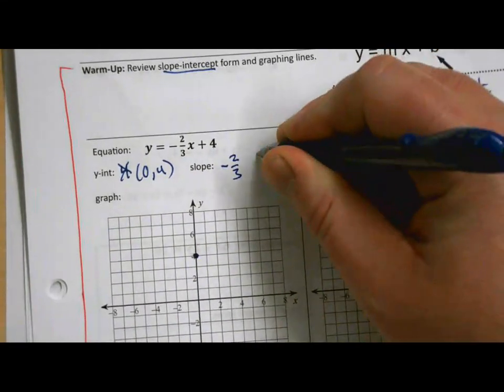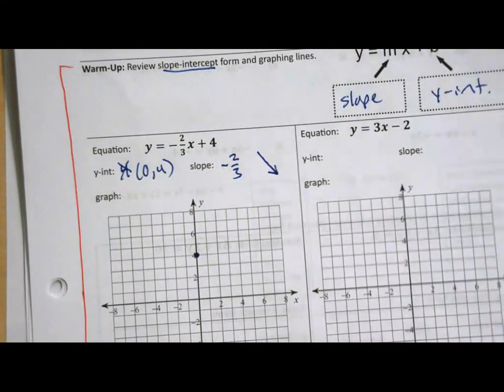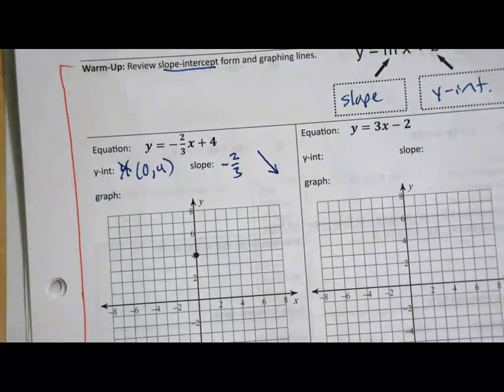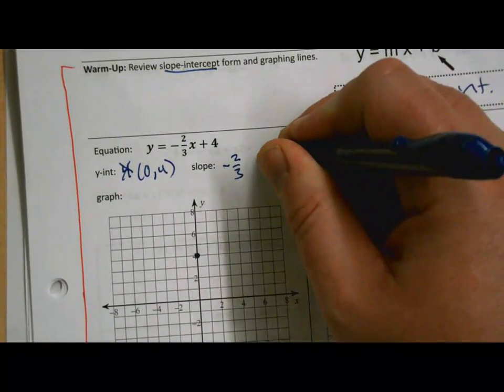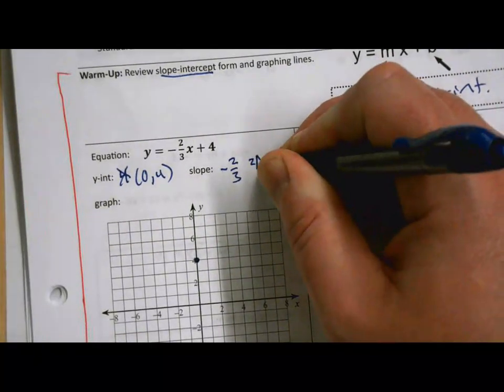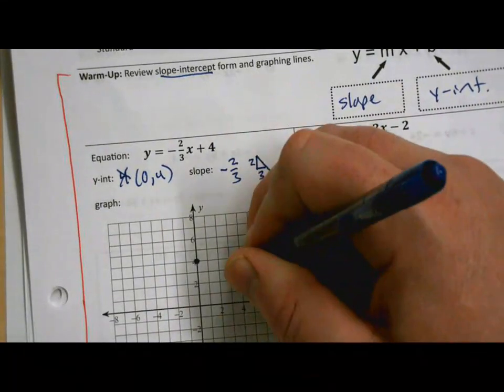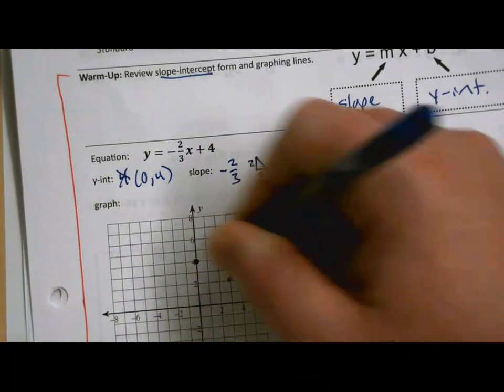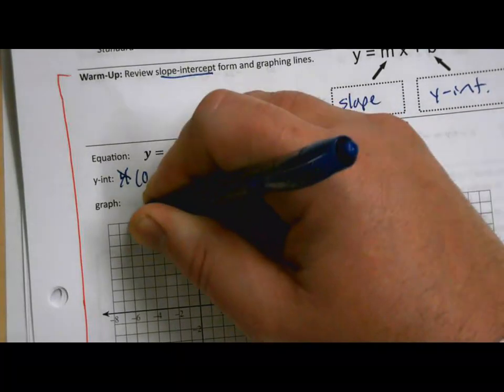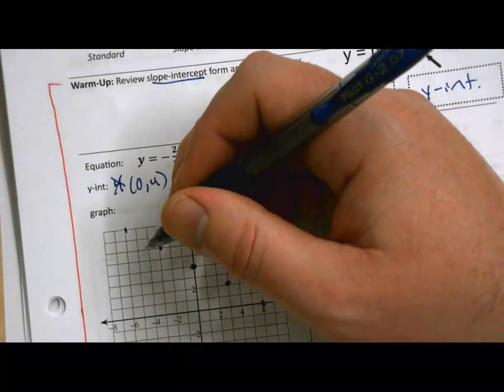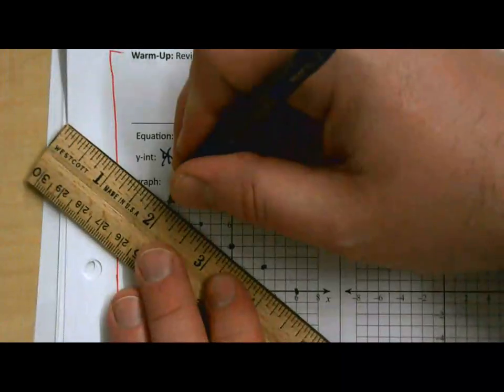That's a negative slope. Can you guys check your work and make sure that you drew a slope that was going downhill from left to right? We should have been going down 2/3. So if I start counting, down 2/3, down 2/3, and then back it up, we get that line.